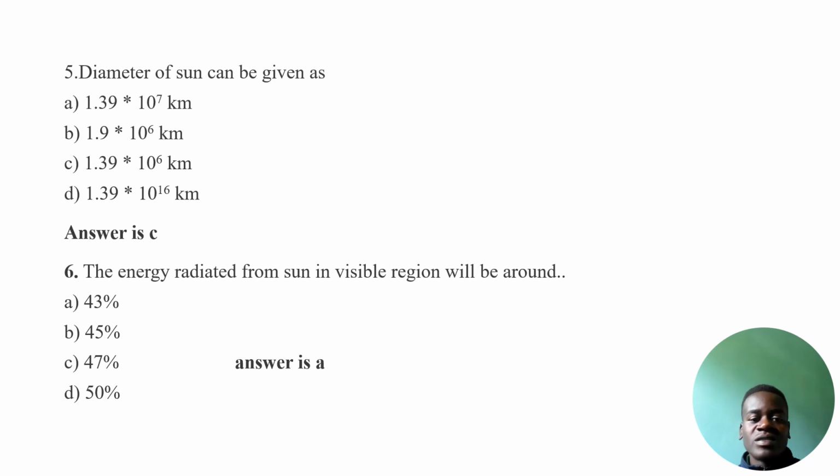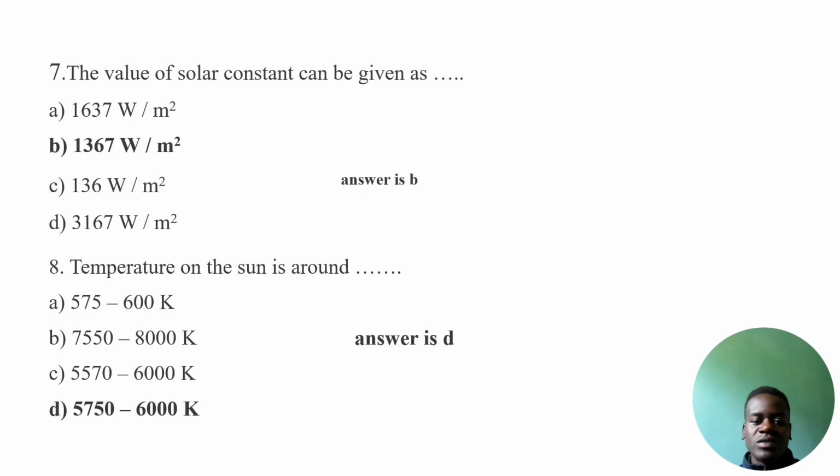The following question is about the diameter of the Sun. We know that the diameter of the Sun is around 1.39 times 10 to the power 6. Question 6, the energy radiated from the Sun in visible light, you have seen that it is around 43%.